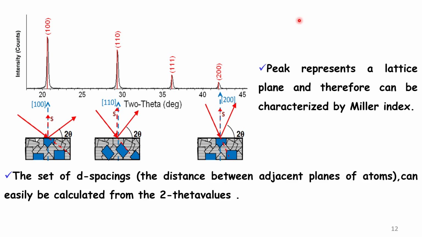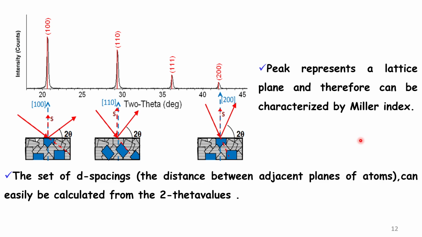By using this X-ray diffractogram, the set of the d spacing, that is the interplanar spacing between the atomic planes, can be easily calculated from the different values of theta.